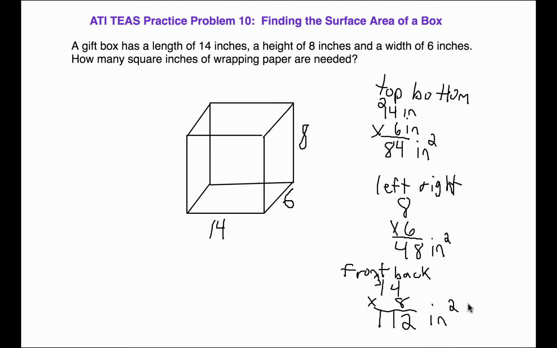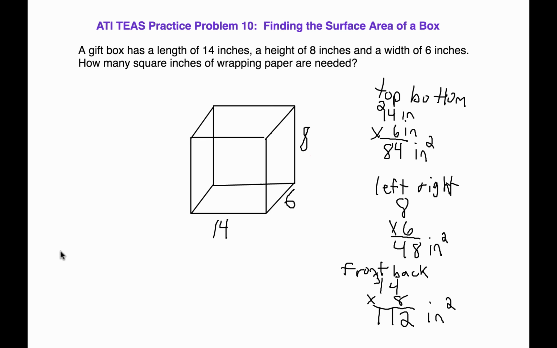So guys, we have all our dimensions. Now, all we have to do is take each of these dimensions and multiply them by 2. Okay guys, so let's take our first surface area for the top and the bottom, multiply that by 2, and we get 168.